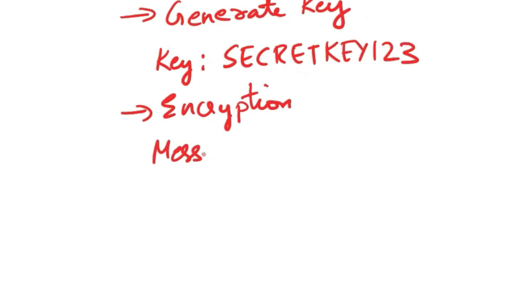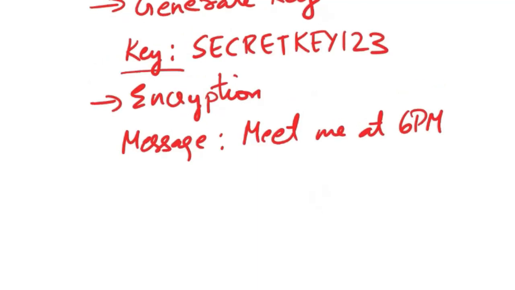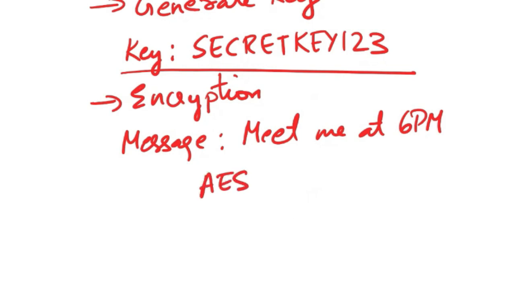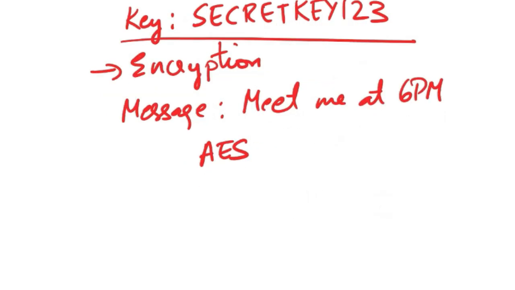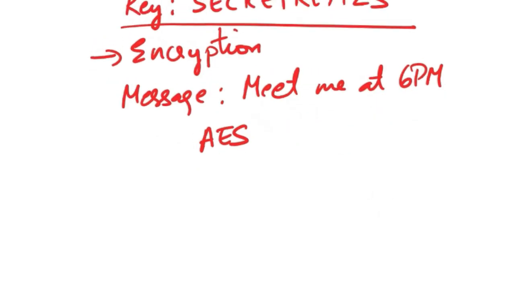Alice wants to send the message, say meet me at 6 p.m. This is a message she wants to send to Bob. Now using the secret key 123 and a symmetric algorithm like say AES, I'm choosing AES. There are many other types of symmetric algorithms. For this we will choose AES. Alice will encrypt this message.